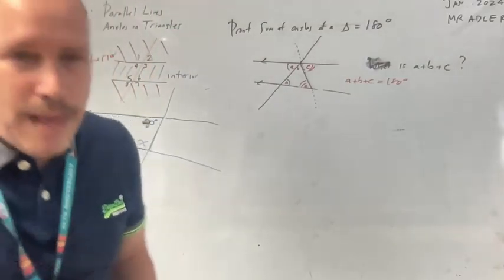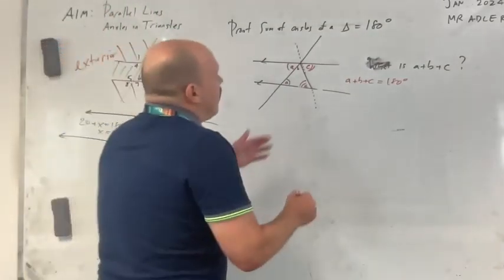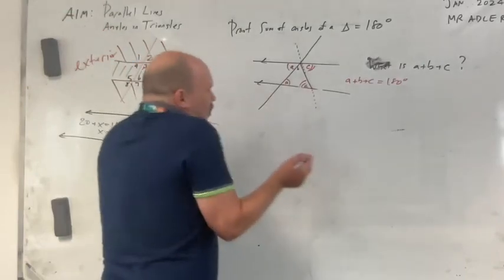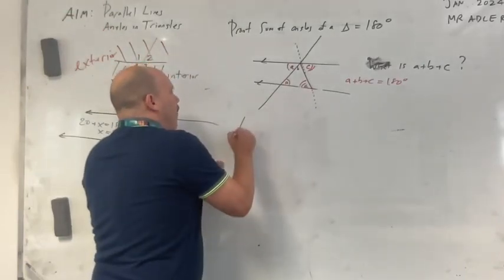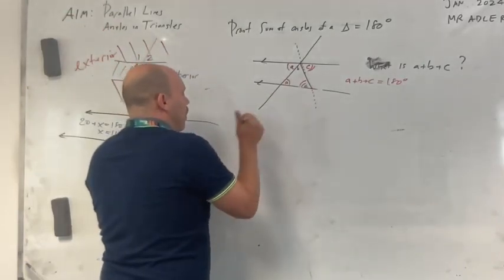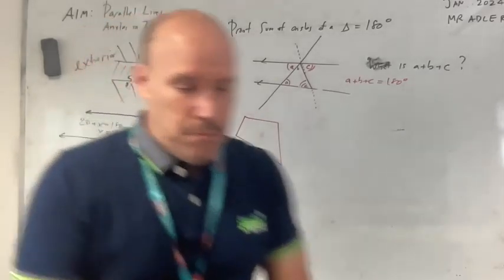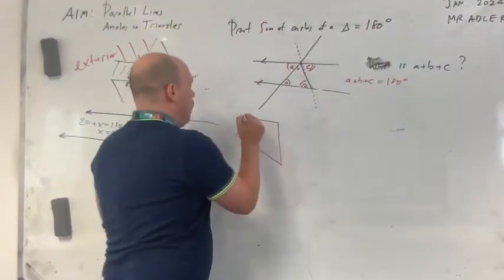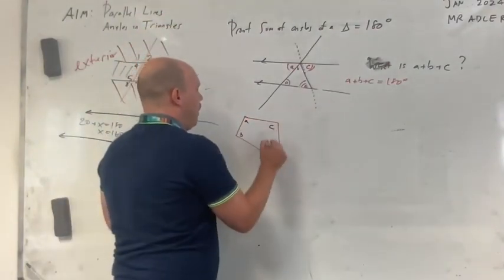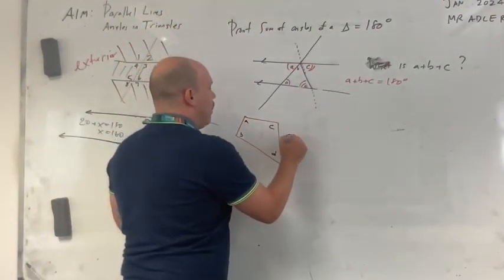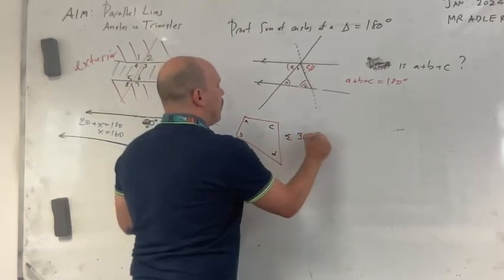Nice. Next thing. The sum of the angles are 180 degrees. Just a small little thing. If we have a quadrilateral, let's take any quadrilateral here, A, B, C, D, it turns out that the sum is 360 degrees.